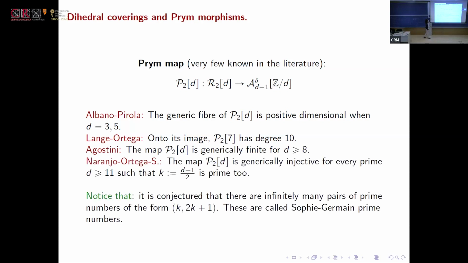And what we did is we studied a lot of the remaining cases. So we proved together with these two authors that it is generically injective for every prime D such that, if we define K as D minus 1 divided by 2, K is prime to 2.